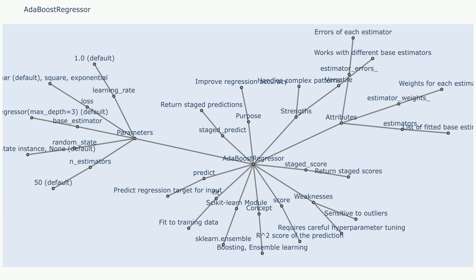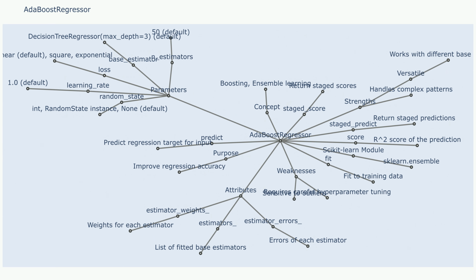A smaller learning rate leads to more gradual adjustments, potentially resulting in smoother convergence. Number of estimators: this defines the number of weak learner iterations in the ensemble. More estimators usually lead to higher accuracy but can also result in overfitting if not carefully managed.